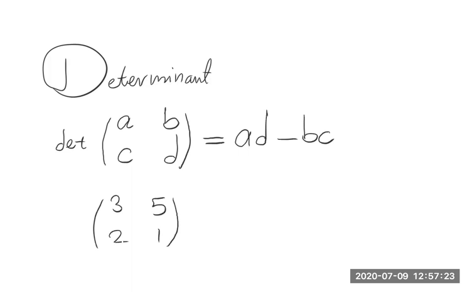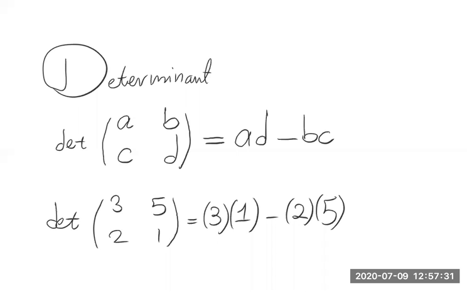What is the determinant of this matrix? It is 3 times 1 minus 2 times 5. So we multiply A and D, and then we subtract the multiplication of C and B, here 2 and 5. 3 times 1 is 3, 2 times 5 is 10. If we subtract, we would get minus 7.